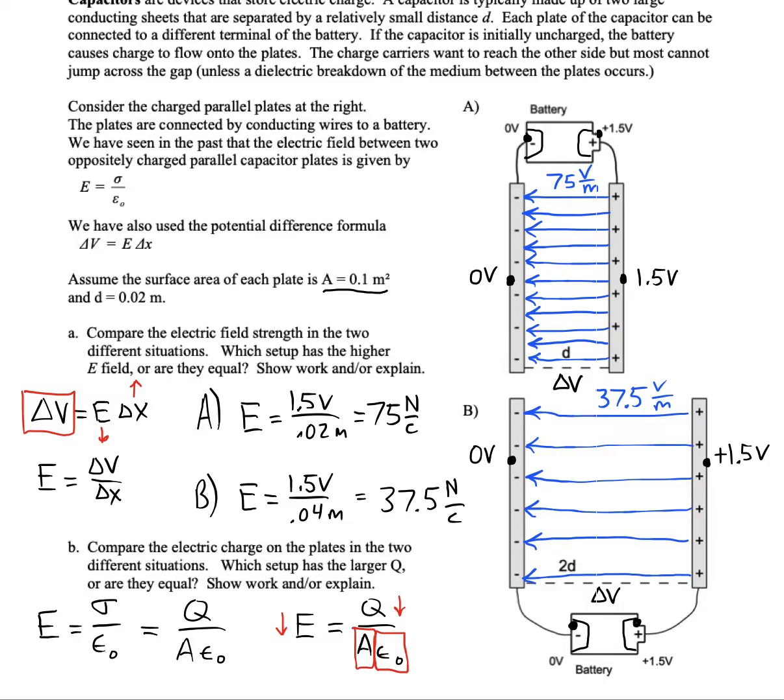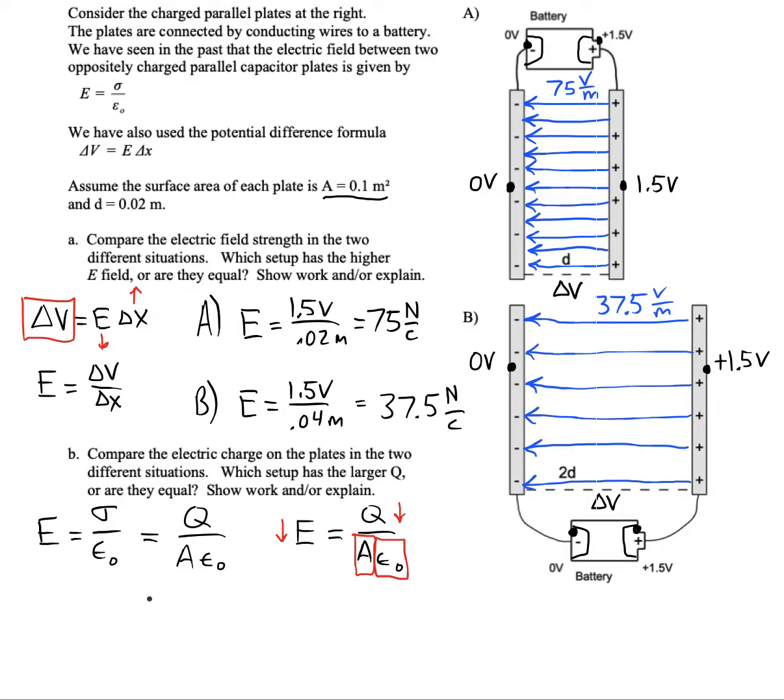And we can actually calculate what the charge on each plate is. So let's do the calculation for setup A, and then we'll do it for setup B. If I rearrange the formula, I get Q equals E times A times epsilon naught.